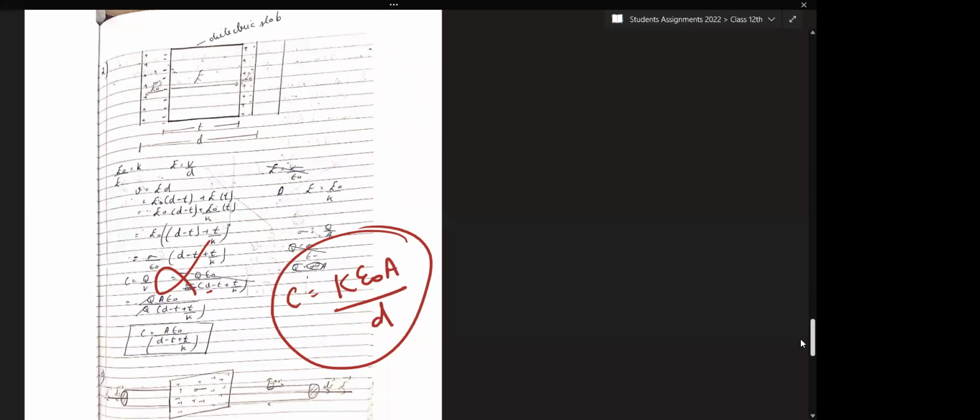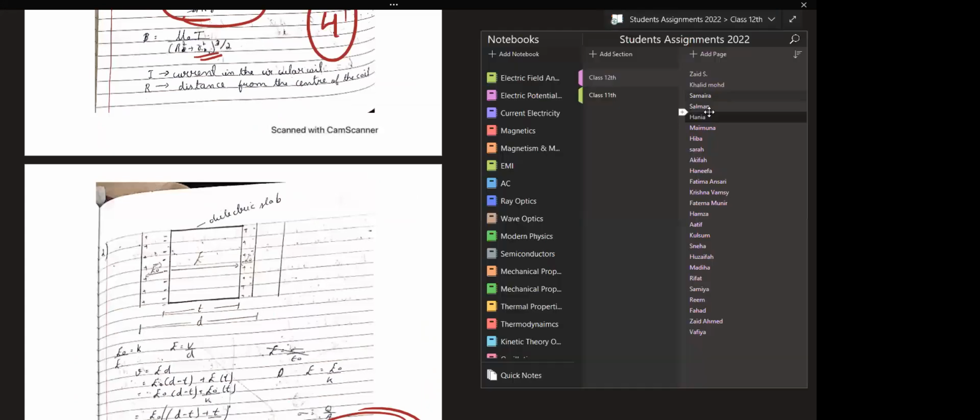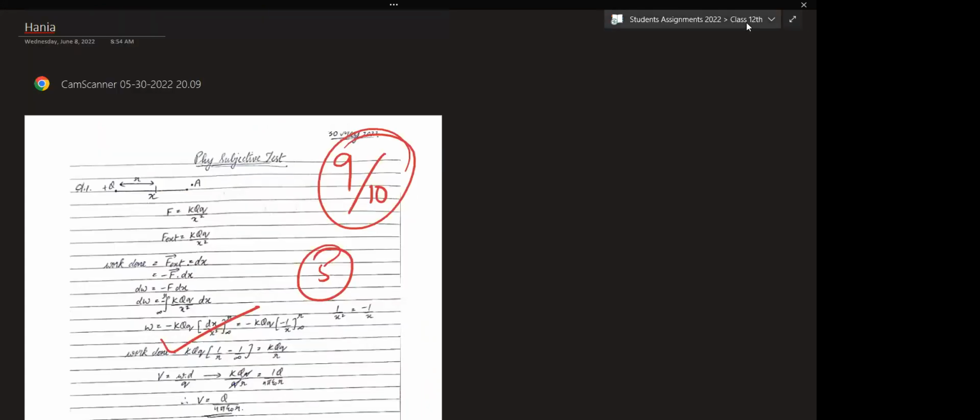Did I mention in the paper that it is partially filled? I just wrote that dielectric constant K is there. So this derivation you had to do. The derivation you have written is fine, perfect, but the question is incorrect for that. And the last question was correct. I think Salman is, no, Hania is traveling today. No, she is present.